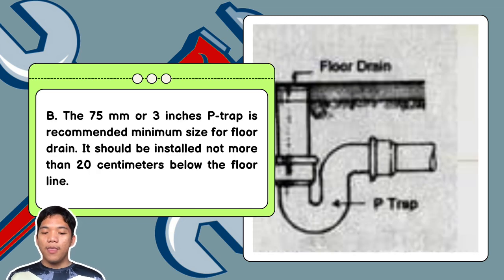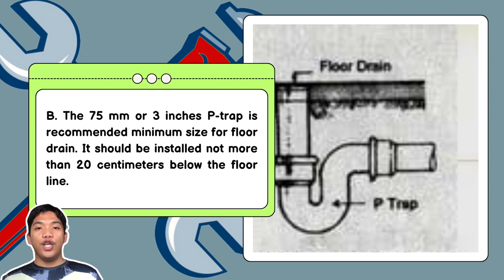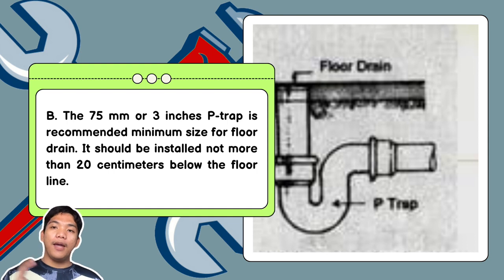Number 2. The 75 mm or 3 inches P-trap is recommended minimum size for the floor drain. It should be installed not more than 20 centimeters below the floor line. Oh my God. So, mali pala yung sinabi ko kanina na yung kailangan yung distance ng floor and ng pipe is 1 meter.